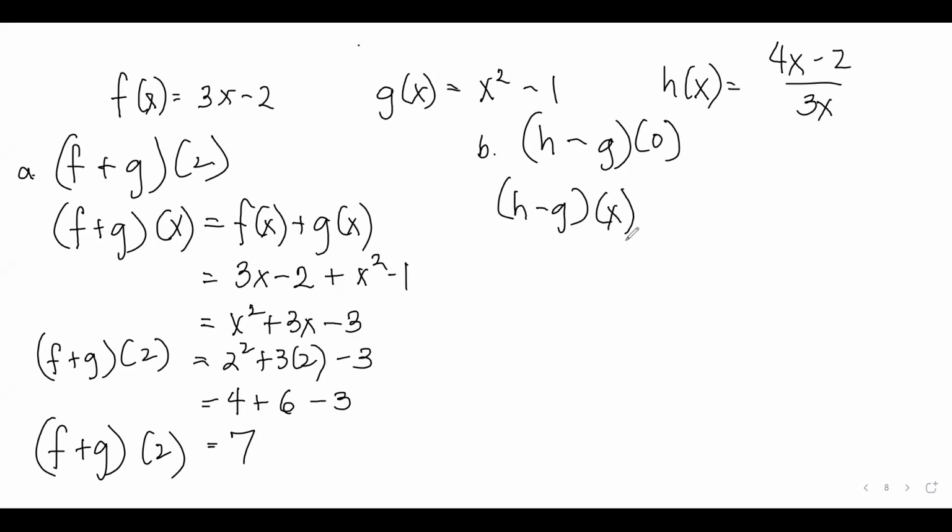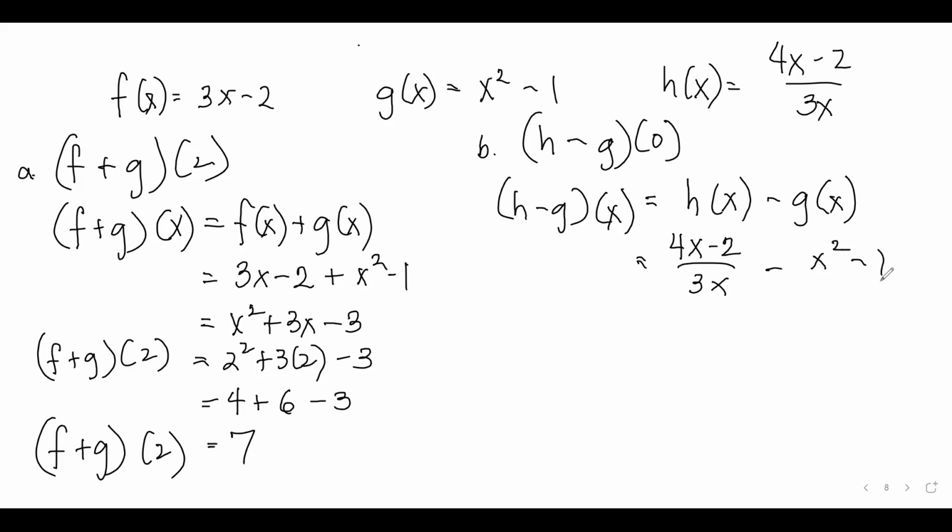Dahil ang hahanapin natin is H minus G of 0. Okay. So, H minus G of X is H of X minus G of X. What is H of X? 4x minus 2 over 3x minus x squared minus 1.